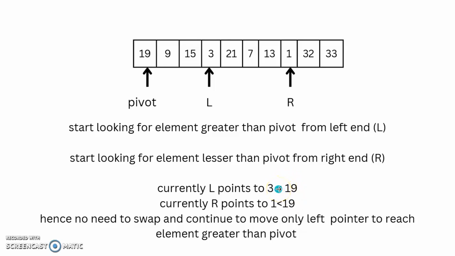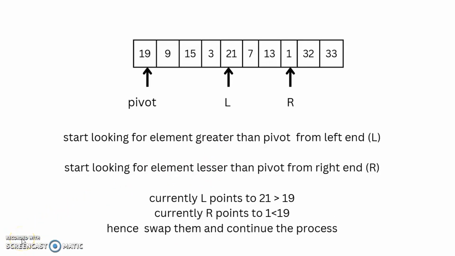So no swapping will be done, but move the left pointer one step. And also the point is, swapping will be done only when these two conditions are satisfied, that is, L points to an element greater than pivot and pointer R points to an element lesser than pivot.